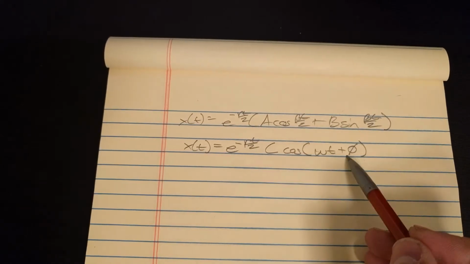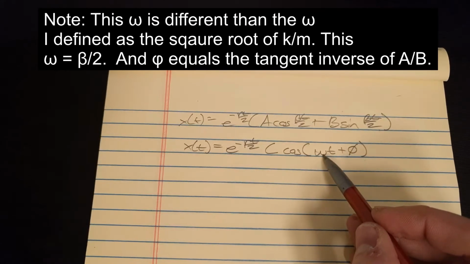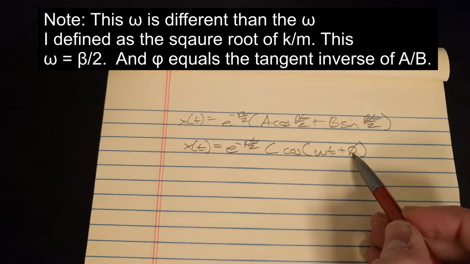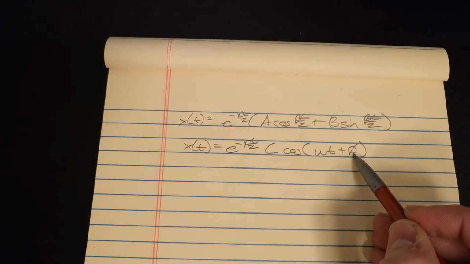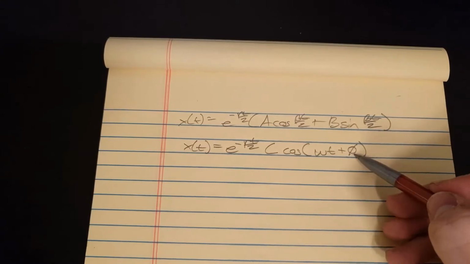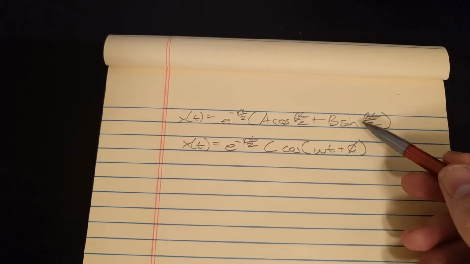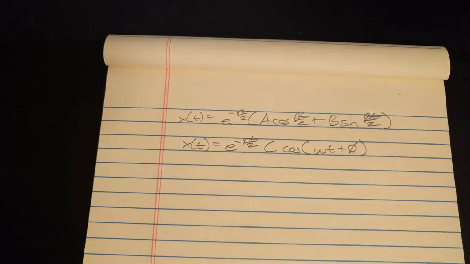So we can get here from here, and we can get our omega back, and our phi will be a parameter that depends on the damping coefficient and the frequency and various sorts of things. But you're just going to have to believe me for that. I'll leave that to you to use trig identities to get from here to here. And this c is also another constant.